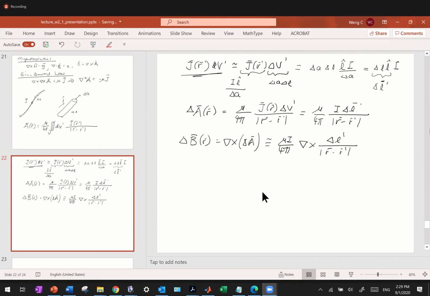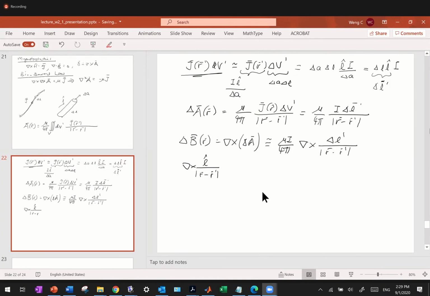And I can take these derivatives now, and you can show that curl of L hat over r minus r prime.